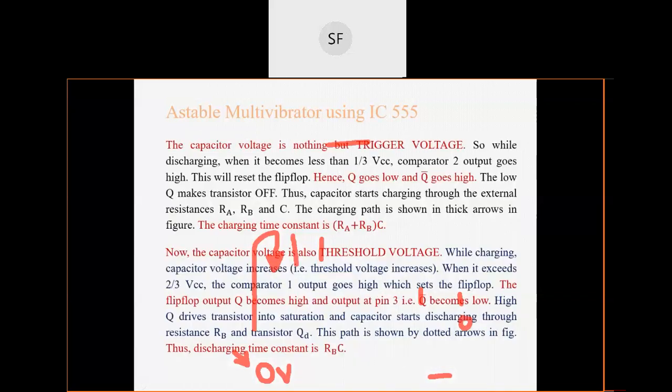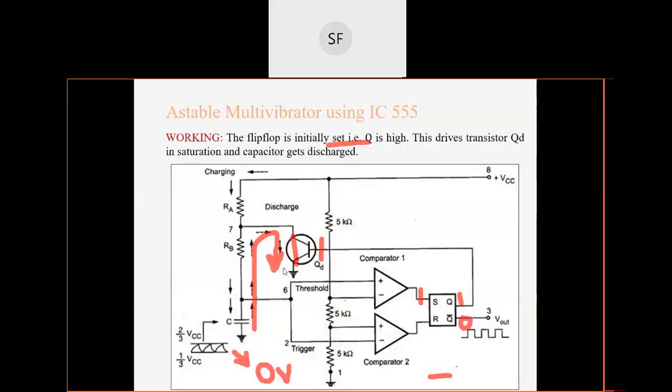So now, since discharging, the capacitor will discharge in this direction. Now the important point you should remember: the voltage across the capacitor is nothing but the threshold voltage, and it is also your trigger voltage. When the capacitor starts discharging, the voltage across the capacitor will decrease.